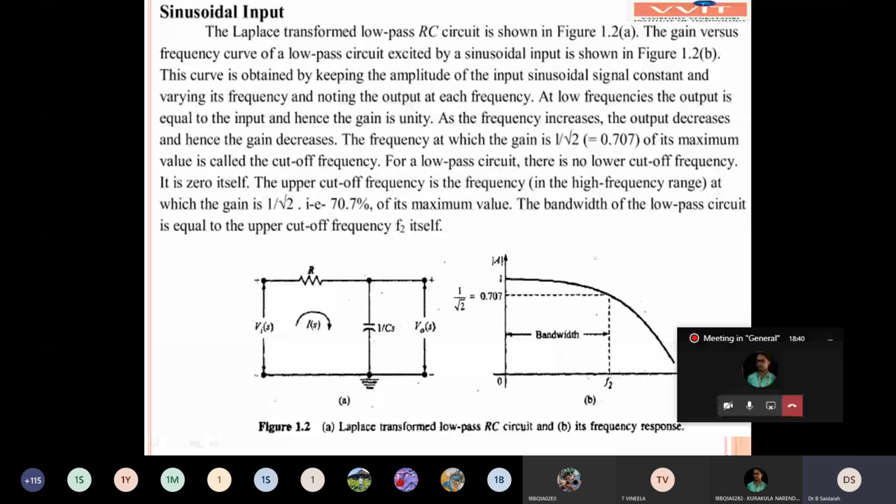And next, why does it happen like this? As the frequency increases, the output voltage decreases, because of the capacitor reactance 1 by j omega c. At f equal to 0, omega equals 0, so the reactance is infinity, a huge value.